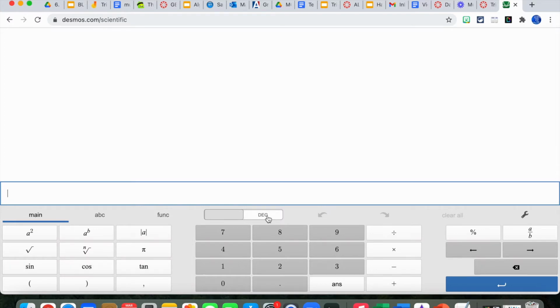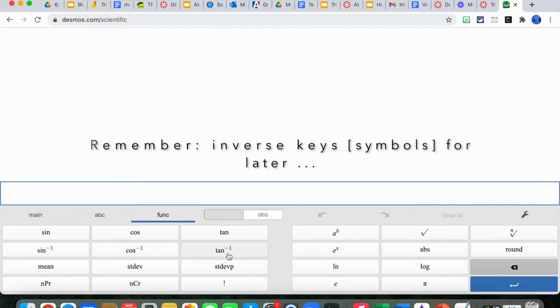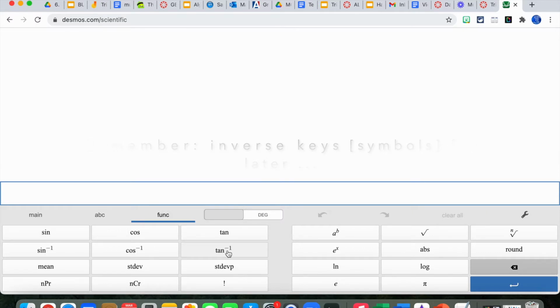This is in degree. We can go to function, and here is the inverse of sine, inverse of cosine, and inverse of tangent. You want to use this in order to find the degree. Maybe 0.866, if you remember that number earlier. The inverse would give me the angle. So clear all. Sine inverse of 0.866.